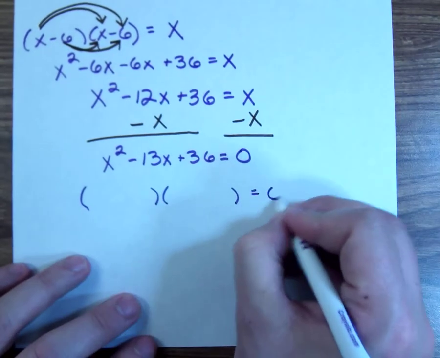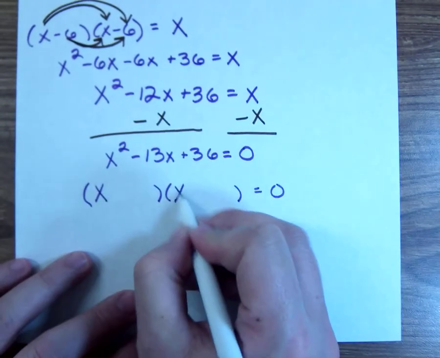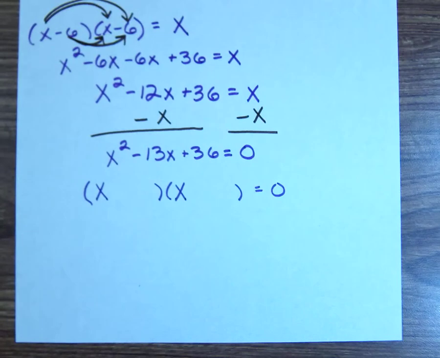So will this factor? Are there two numbers that I can multiply together to get 36, but when I add them, I get negative 13?